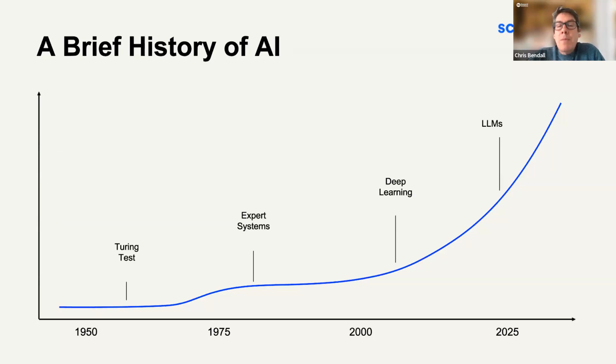But some of the key events which happened since 1950 are shown here. The term artificial intelligence itself originated around the 1950s. And at that time, Alan Turing proposed a key test to help evaluate whether a machine can exhibit human-like intelligence.